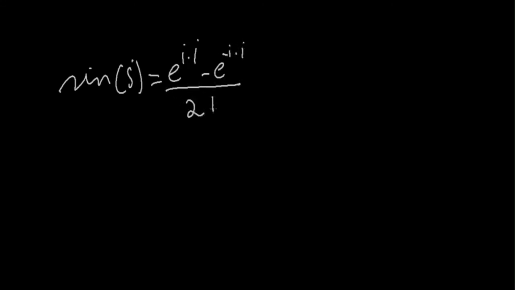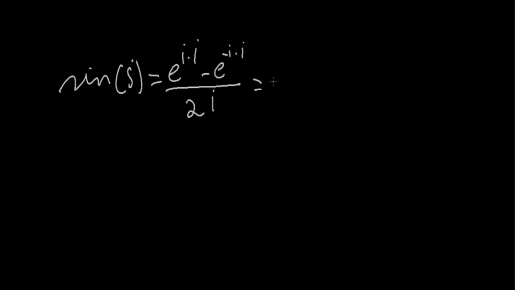However, this formula does extend the sine function into the complex realm. So if you're trying to find, for example, the sine of I, well, you'll get e to the I times I minus e to the negative I times I over 2I.